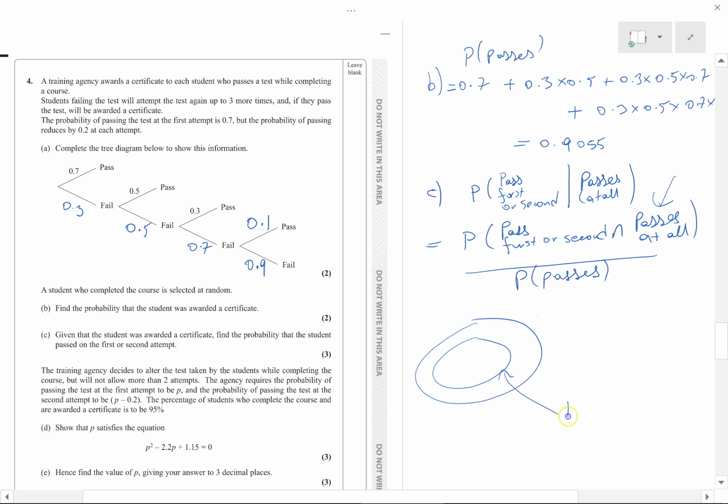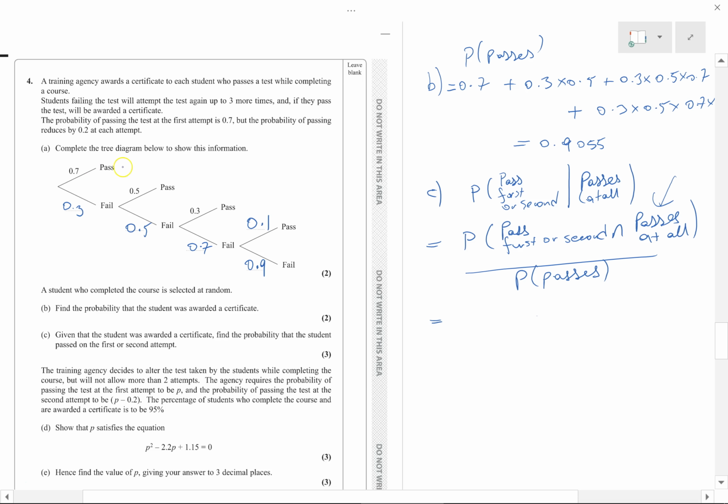Here, this would be passes first or second time, for example, and this would be passes. So if you're in here, you're also in here. So that's just the same as passes first or second time.